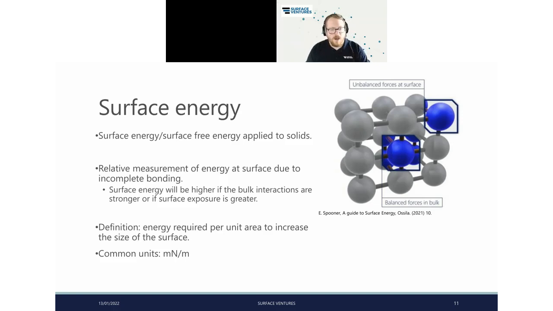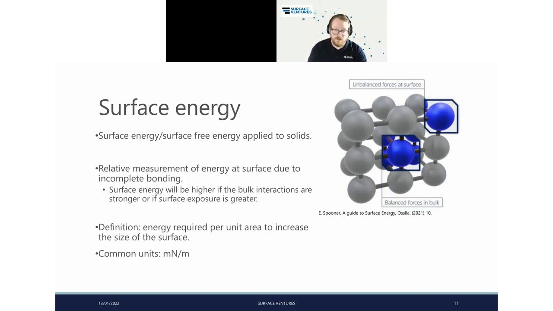Thank you. So effectively, surface energy will be higher if the bulk interactions are stronger, or if the actual surface exposure and area is greater. And we can define this by the energy required per unit area to increase the size of the surface. Common units for this are millinewtons per meter, although occasionally you might see units of dynes per centimeter, which you can convert between.